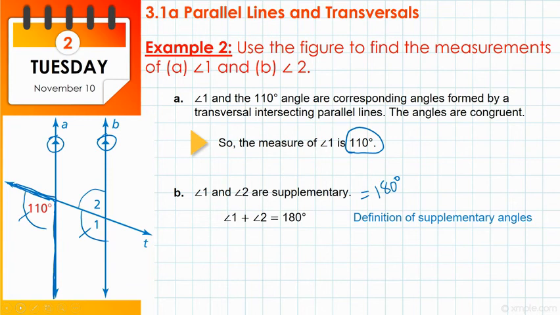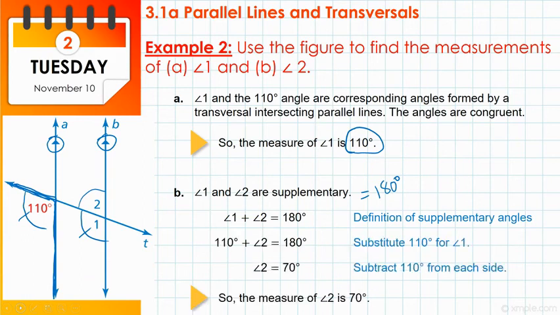Definition of supplementary angles. If we substitute 110 for angle 1 and subtract 110 from each side, we know that angle 2 is equal to 70. And again, when I add 70 to 110, it works out. We know that that is a supplementary angle because the total is 180 degrees.